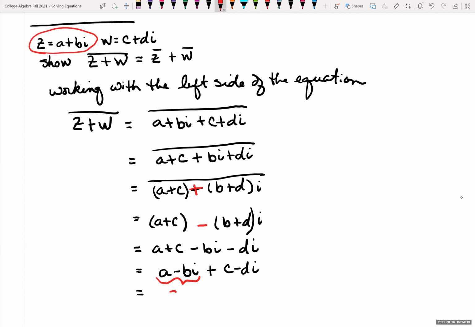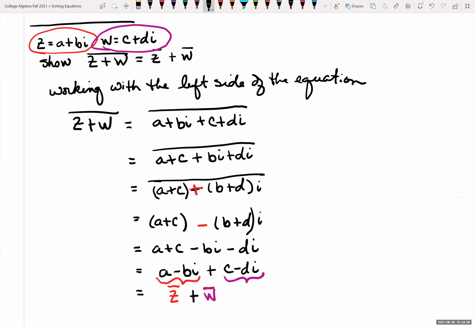So this is z bar, plus, same idea. If I look at c minus di, well, w is defined as c plus di. And so that's just the conjugate of w, which I could write as w with a bar over it.